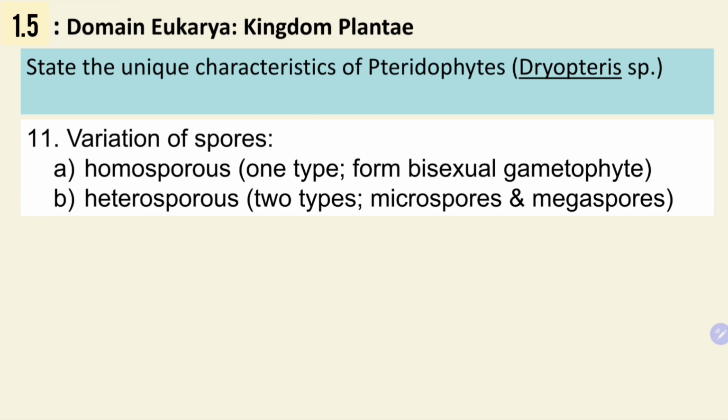This means the gametophyte will have both archegonium and antheridium. But there are also pteridophytes that can produce two types of spore, which is heterosporous. The two types of spore are microspore and megaspore. The microspore will develop into a male gametophyte, and the megaspore will develop into a female gametophyte. So there are two different gametophytes, male and female.